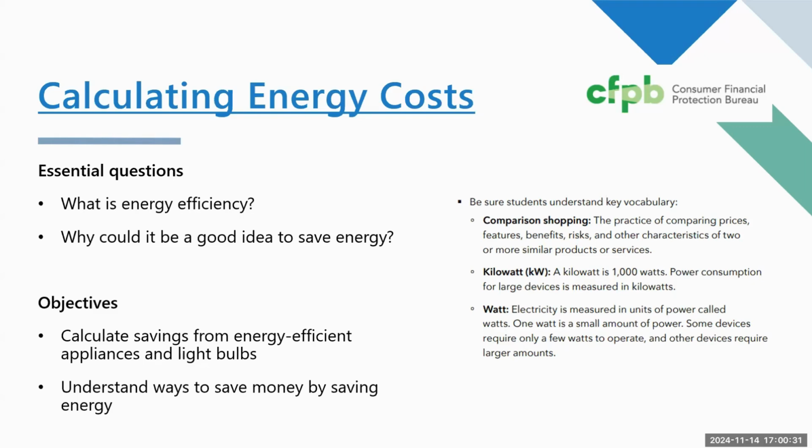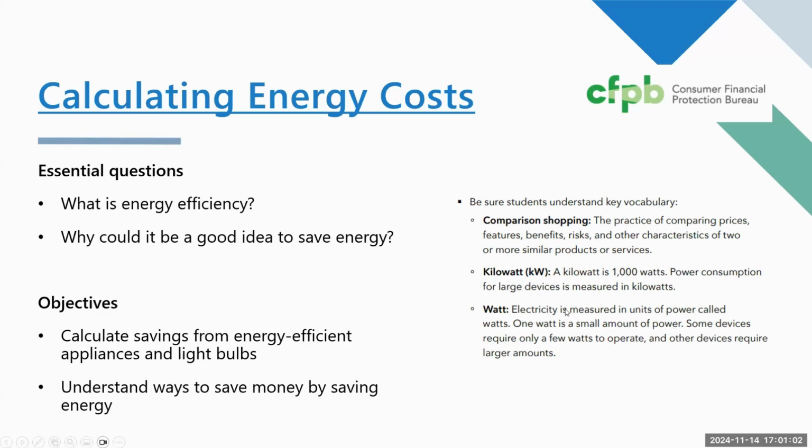And again, we're building some cultural competency as far as how our household functions. I don't know as a kid if I ever really thought about how we paid for our electricity, but it's always helpful for students to know this early because when they get out on their own and independent living and they get that first bill, it's important to have some background, some schema to pull from so it doesn't seem overwhelming.